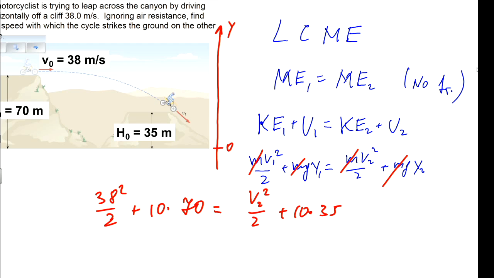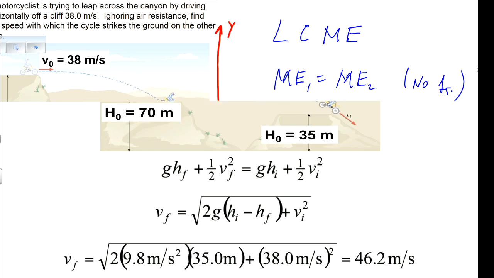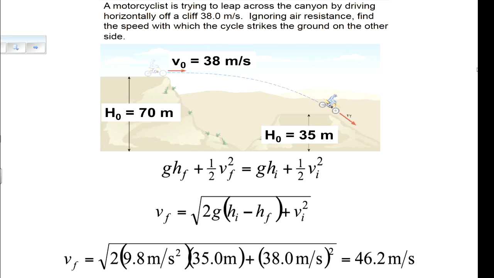That's it. And now you can finish. It's a very simple mathematical calculation. So you see, we could have done it using all that projectile motion stuff, but sometimes using the energy approach gives a solution faster. The answer is 46, actually.